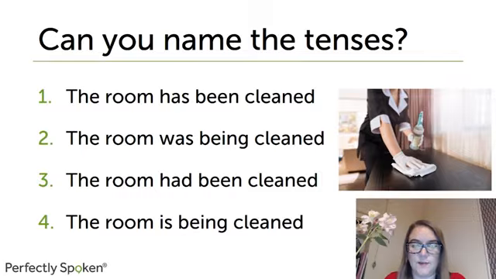Sentence 3, the room had been cleaned. And sentence 4, the room is being cleaned. So again, please pause the slide, have a think which tense is being used. See if you can identify without looking back. If you need to look back, no problem, but have a go and see if you can identify the tenses for these 4 sentences.